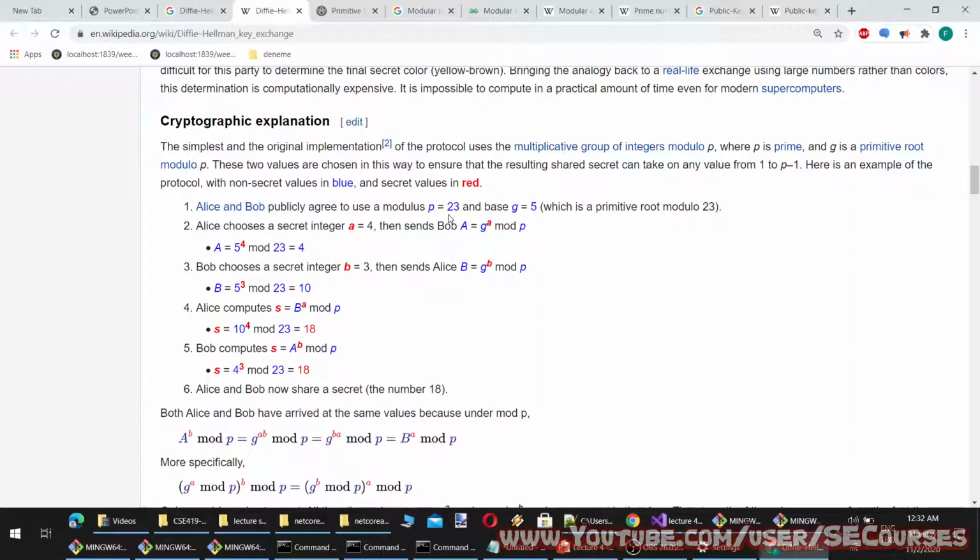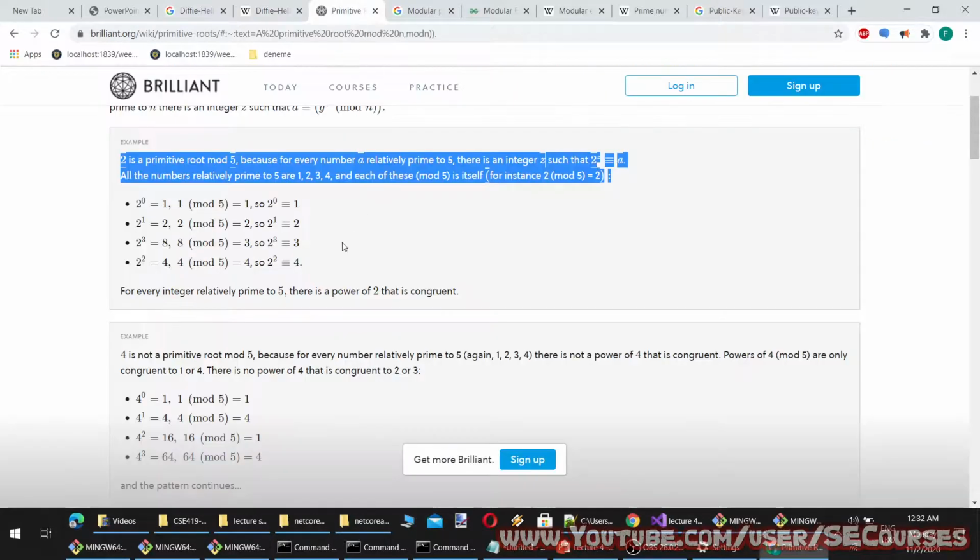Okay, so when we divide 23 by 5, what would be the remainder? I am checking. Oh, this means modulus.